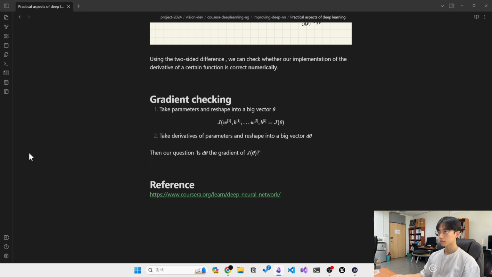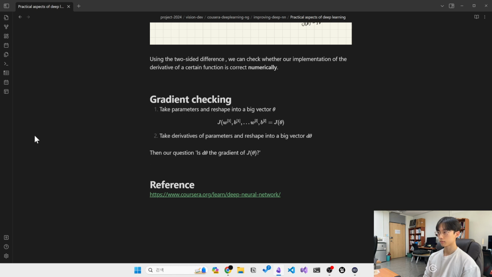What we saw from the previous video is that this should be approximately equal to d theta i, which is supposed to be the partial derivative of J with respect to theta i, if d theta i is the derivative of the cost function J.